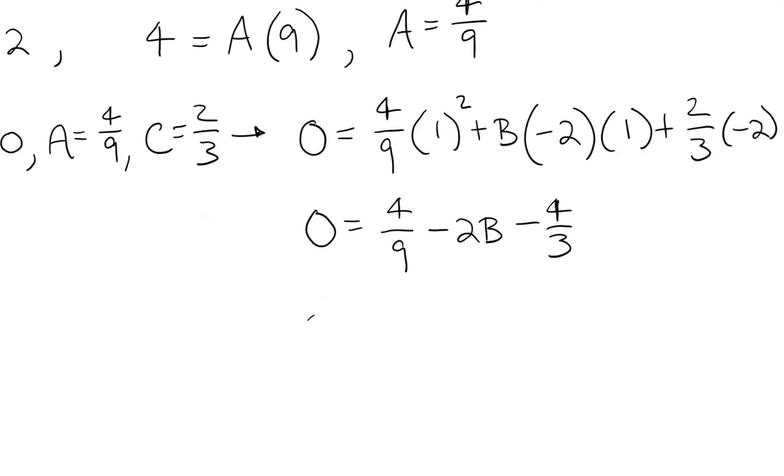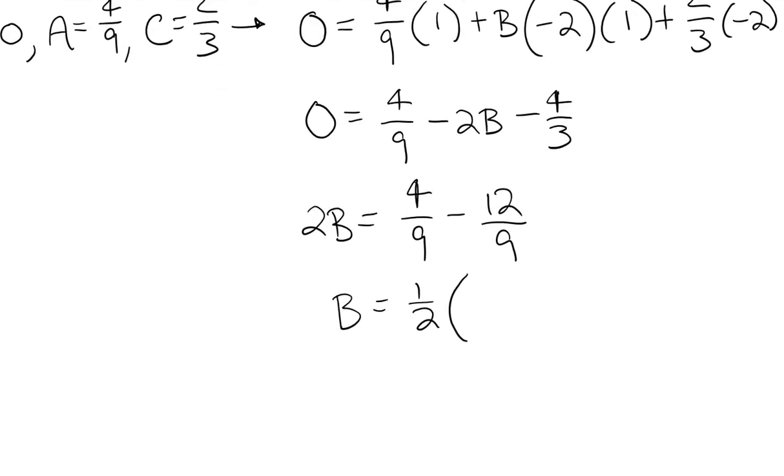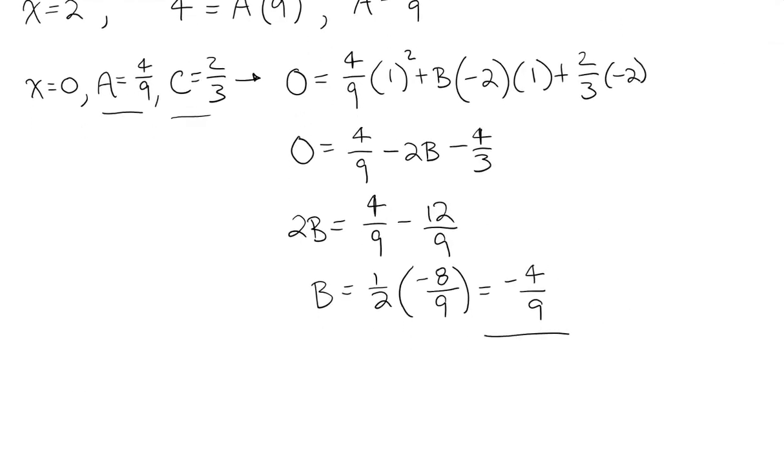Well, that means that 2b is equal to 4 over 9 minus, well, this is equal to 12 over 9. So b is equal to 1/2 times, and that would be 4 minus 12 is -8 over 9, which equals minus 4 over 9. So we solve for our a, our c, and our b.